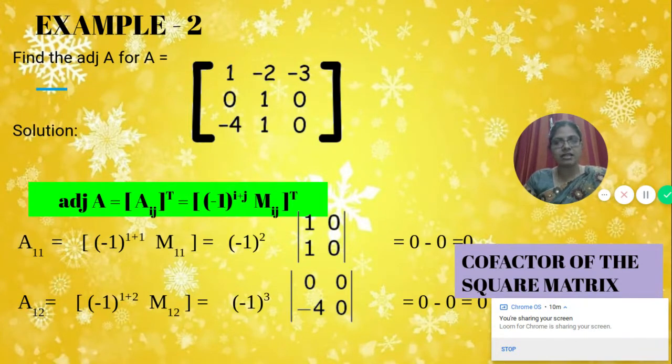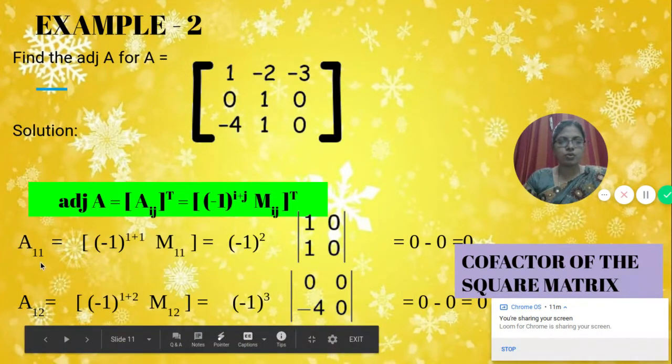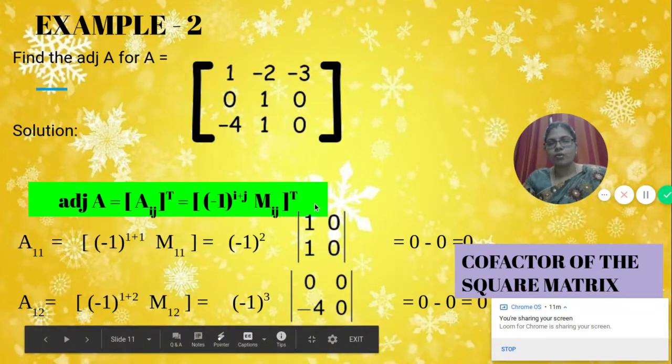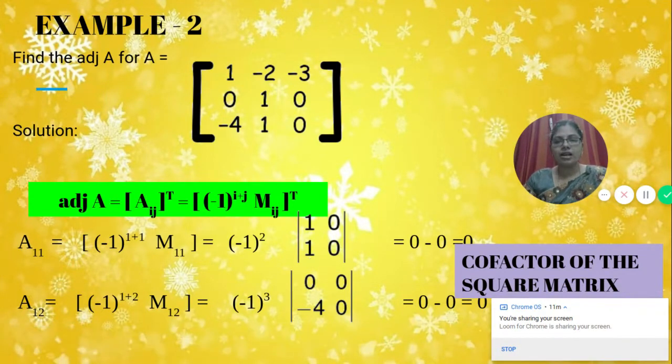We have replaced the values of i and j as 1 and 1. So minus 1 to the power 2 times the minor; 1 times 0 is 0, 0 times 1 is 0. So my answer is 0.